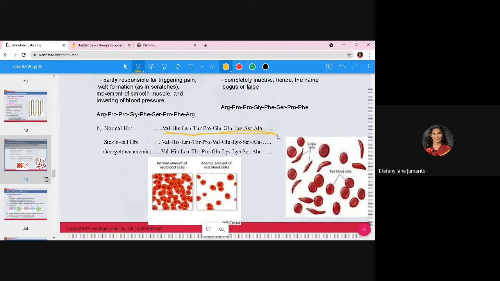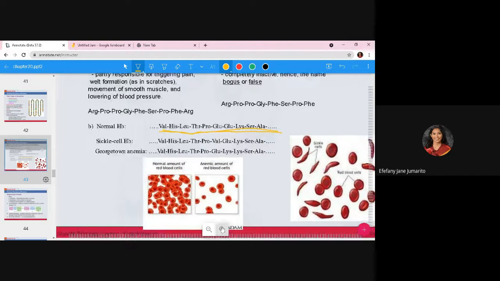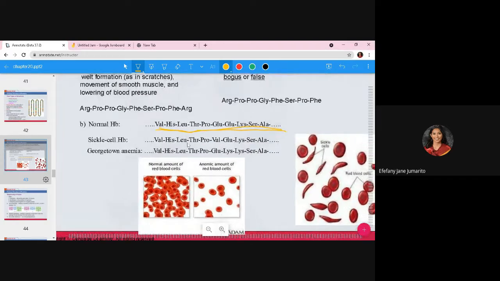Now can you differentiate the polypeptide of your normal hemoglobin and then your sickle cell hemoglobin? If you have your normal, you have this sequence. You have the valine, histidine, leucine, tryptophan, then proline, glutamic acid, lysine, serine, alanine.